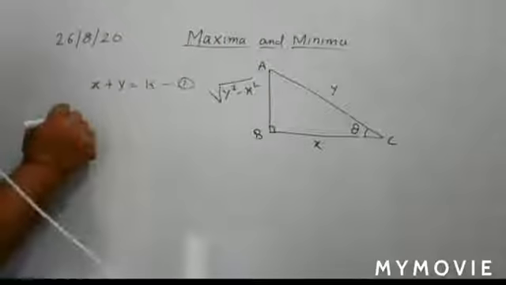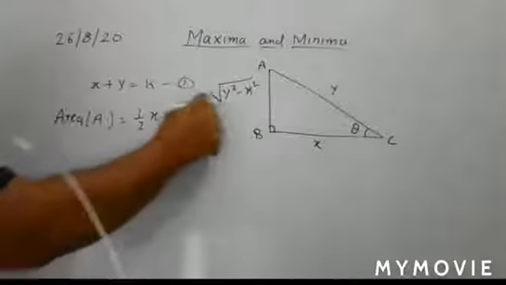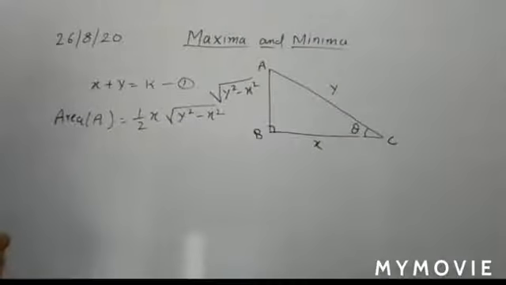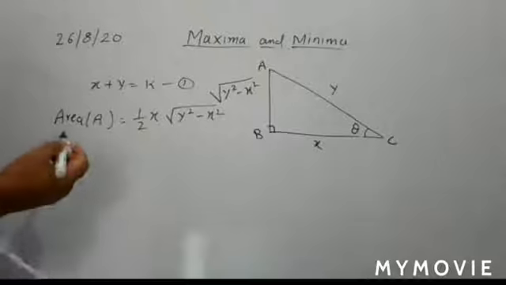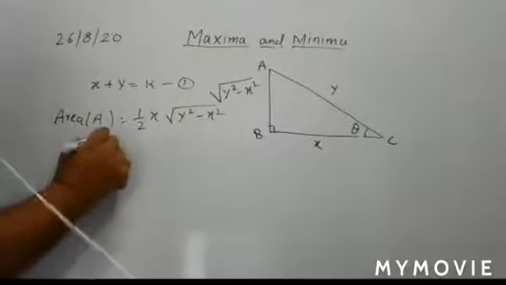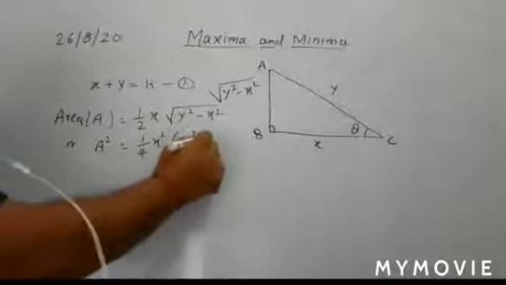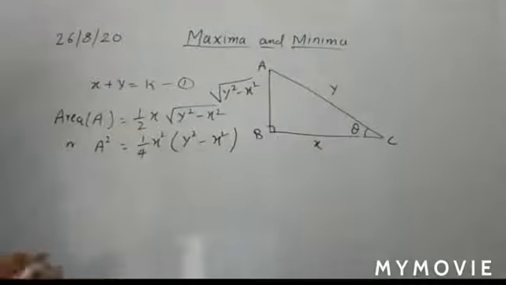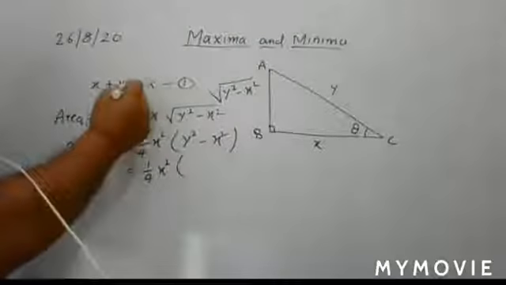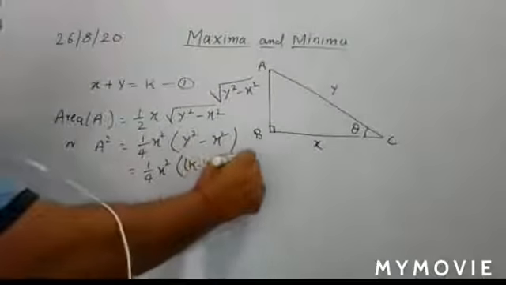So area of triangle A is equal to 1 by 2 base into altitude, means 1 by 2 x into under root y square minus x square. And I suggest, if you have any quantity within a root, you square both sides. So you have A square is equal to 1 upon 4 x square into y square minus x square. You can write it in this way and convert it into one variable. So 1 by 4 x square into, the value of y is k minus x, whole square minus x square.